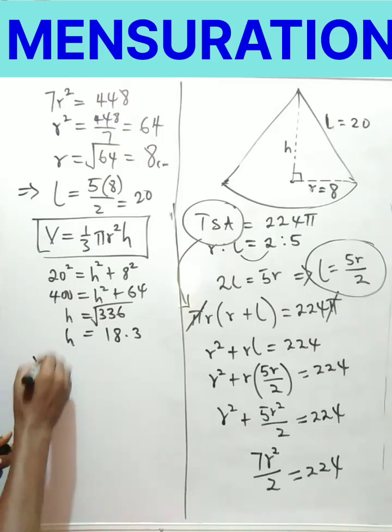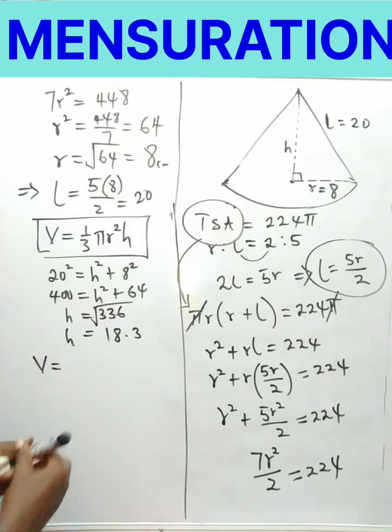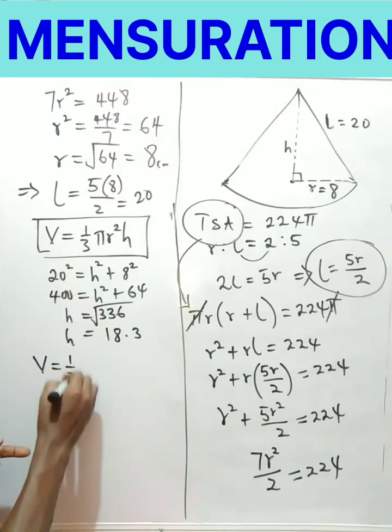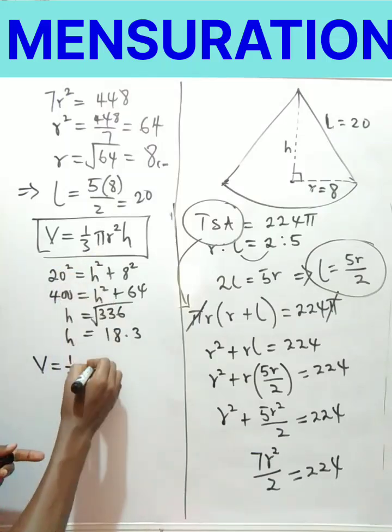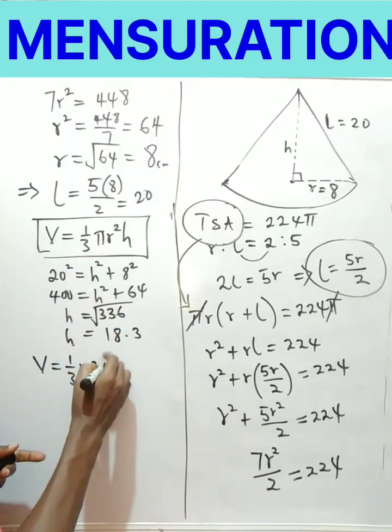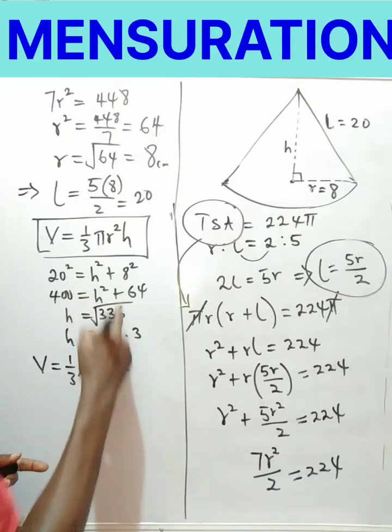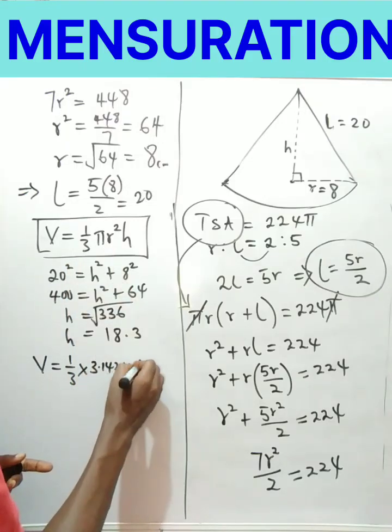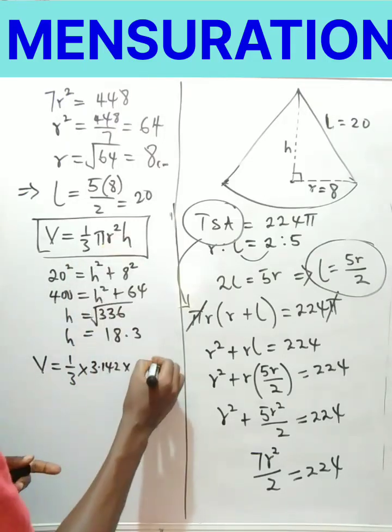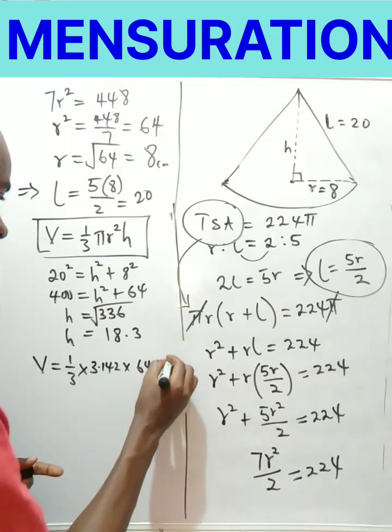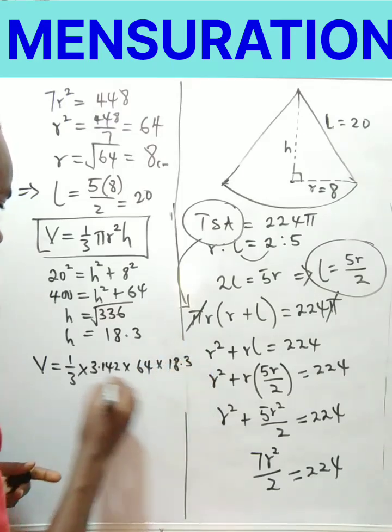So recall that volume is equal to 1 over 3 times pi. This time let's take pi as 3.142 times r squared, which is 64, then times height. The height now we have gotten as 18.3.